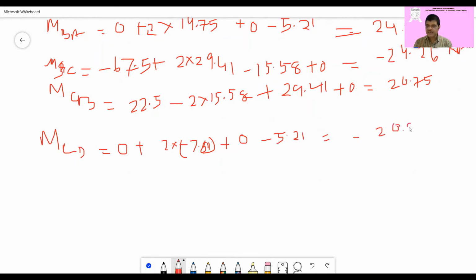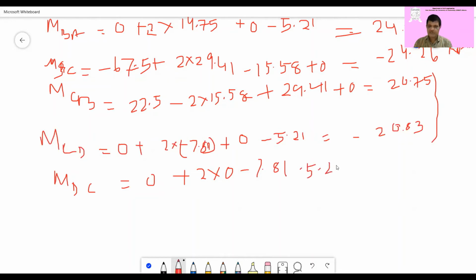So there is a slight variation between these values because the values are not converging in the case of columns, and you can calculate MDC. So 0 plus near end also 0, then minus 7.81 the far end, minus 5.21 is the displacement contribution. So it becomes minus 13.